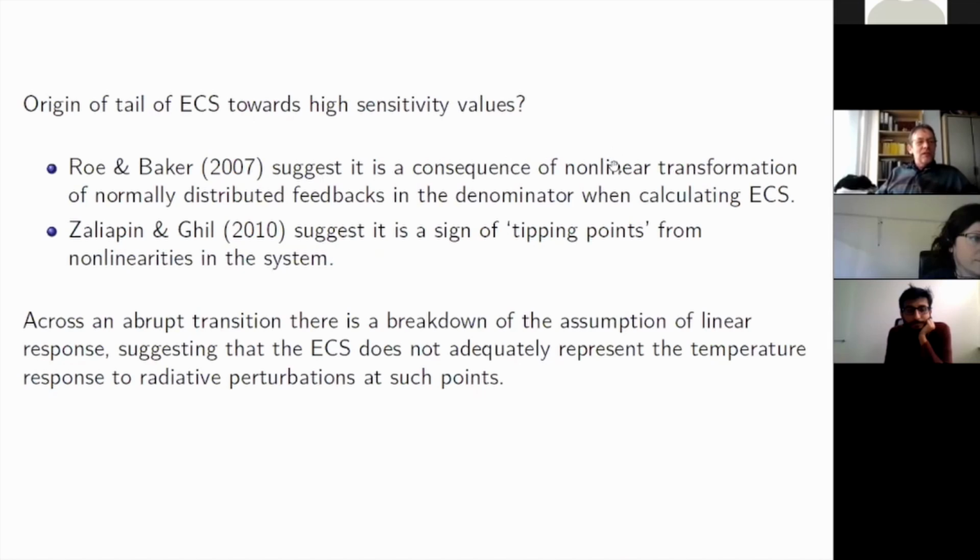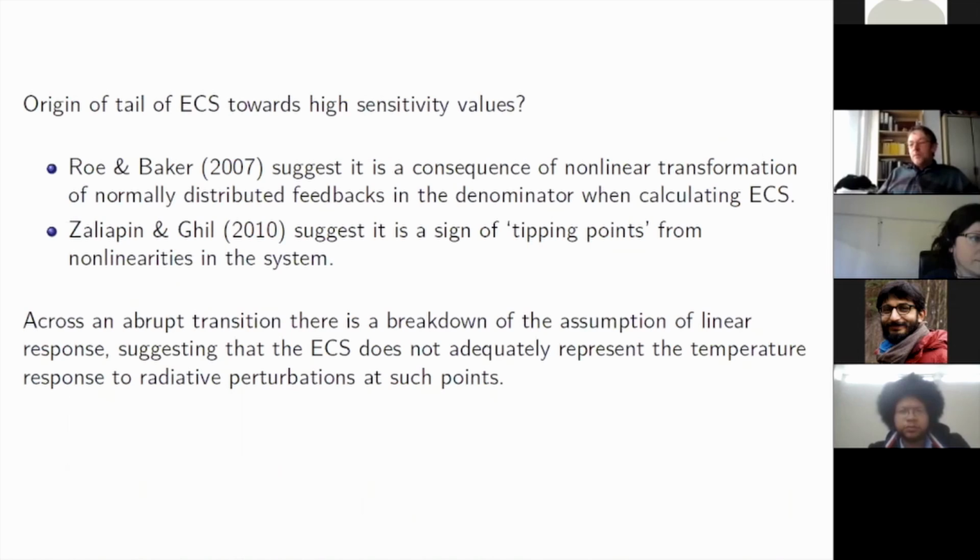And they suggested it actually is a consequence of the fact that we're just doing a nonlinear transformation of normally distributed feedbacks when we're calculating equilibrium climate sensitivity. So in that approach, it's a standard result of uncertainty on certain feedback processes.